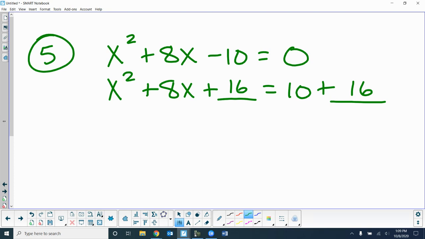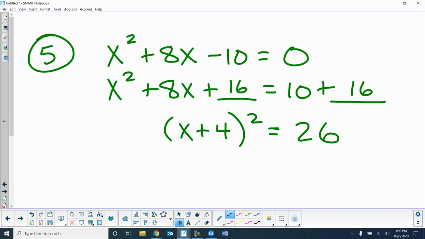So, Chris Walls, what does this factor to? Very good. Carter, now what? Very good, sir.